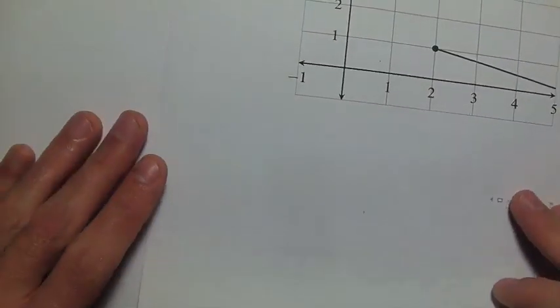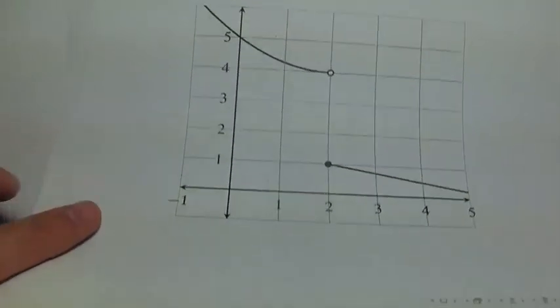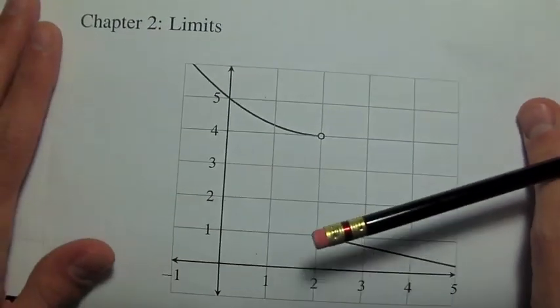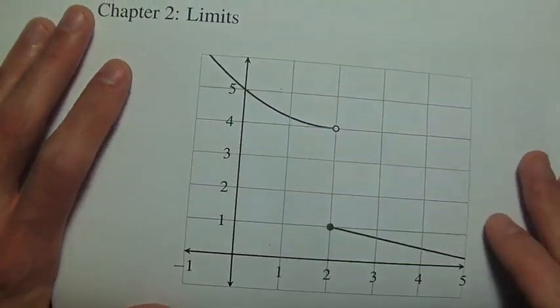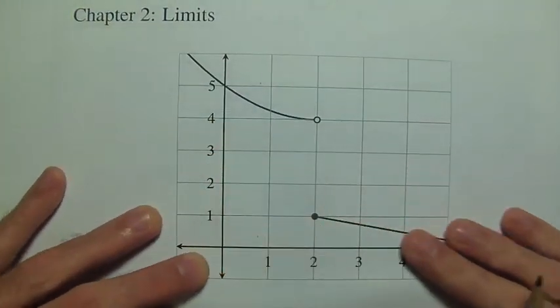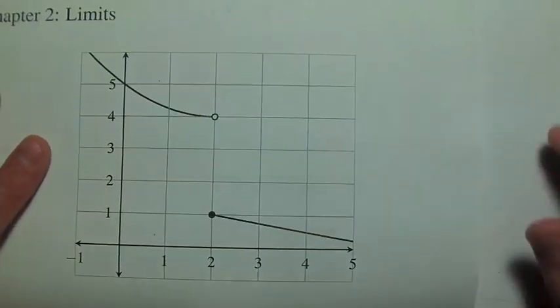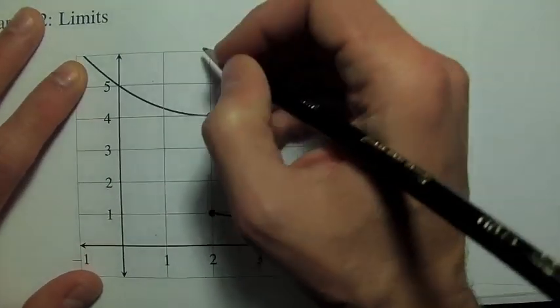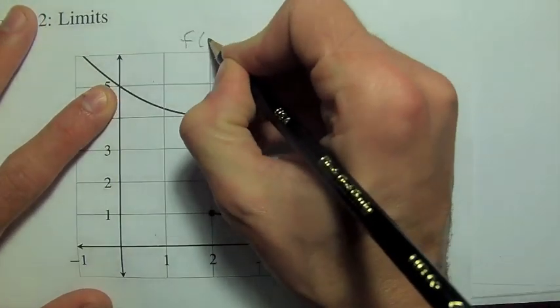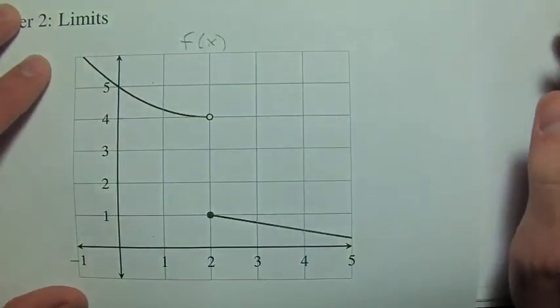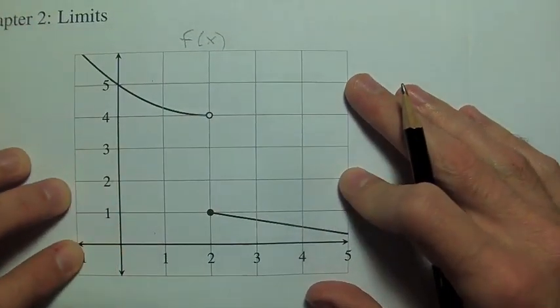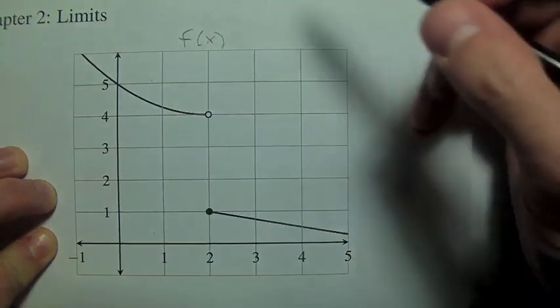Let's get some of this stuff out of the way and look at this example here. So let's say that this guy is f of x. Okay? So f of x acts kind of crazy, right?